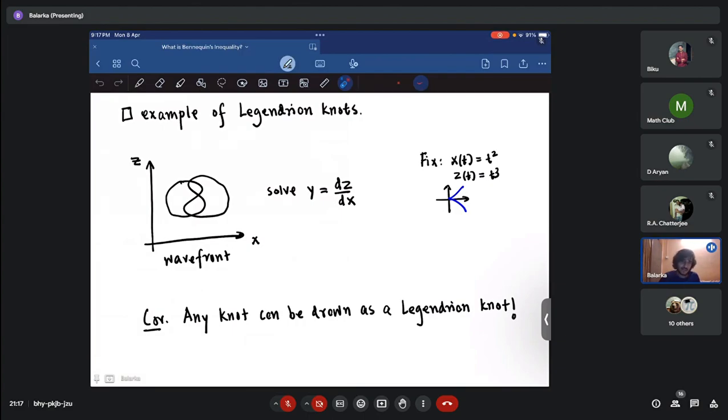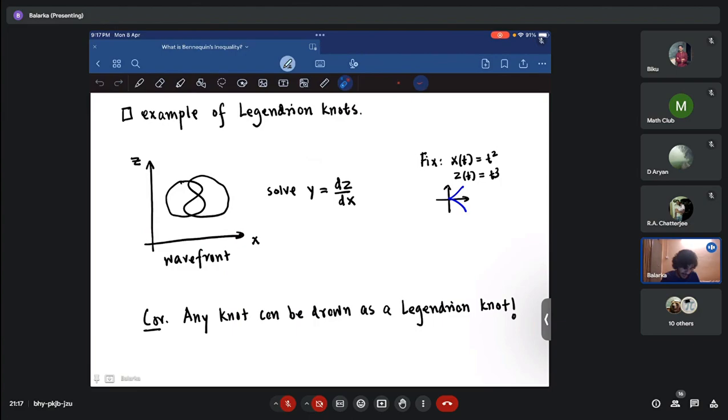So here's a natural way to generate airplane trajectories which are extremely knotted, but are still tangent to the plane fields. What you do is you look at the zx plane, and you draw any random knot diagram or any random curve which is sufficiently generic. It doesn't matter. And you solve for y equal to dz by dx.